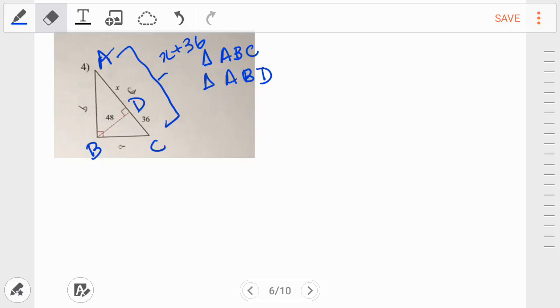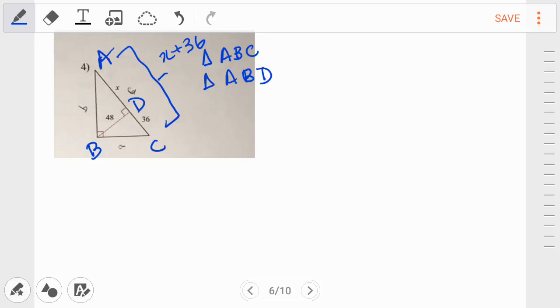We actually have two pieces of information in this triangle. We have 48 and 36. We have the length of two sides. When you have the length of two sides in one triangle, you must include that triangle. It's going to make all your ratios so much simpler.